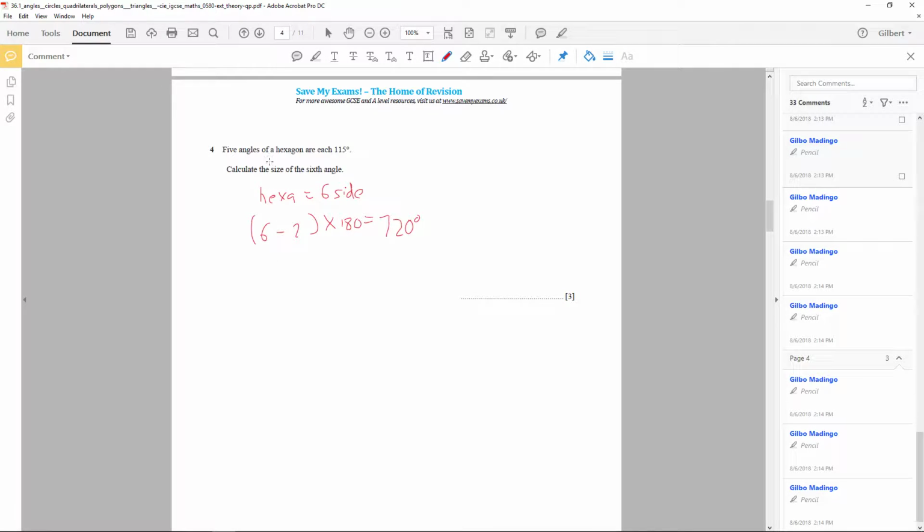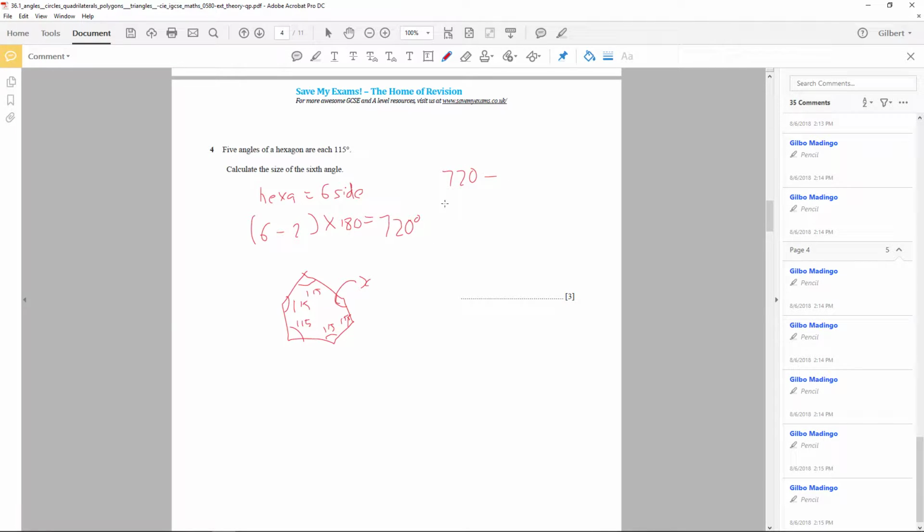Alright, now they said that this hexagon might be a weird shape, has 5 sides that are 115. So these are all 115, 115, 115, 115, and 115. You want to find this angle here. To find this angle, you need to use 720 minus off the rest of the 115s, a total of 5 of them.